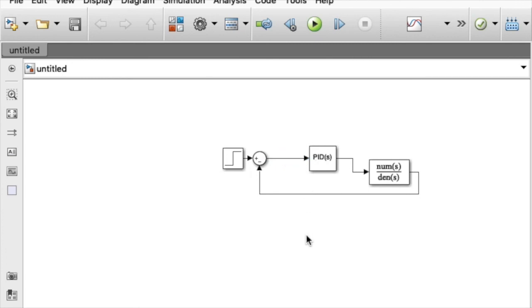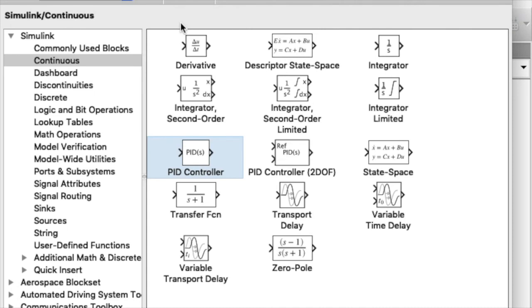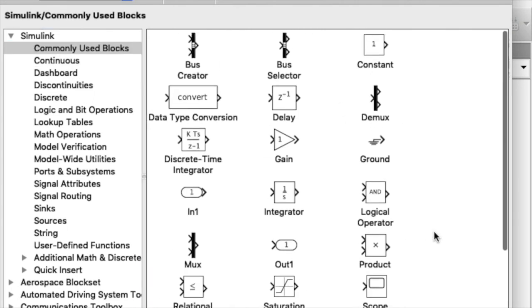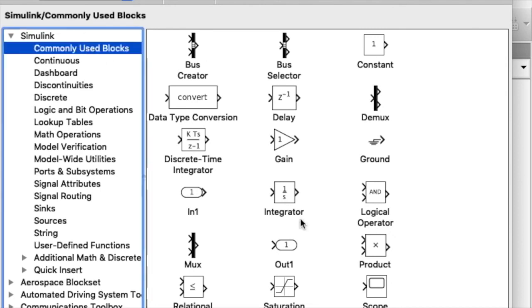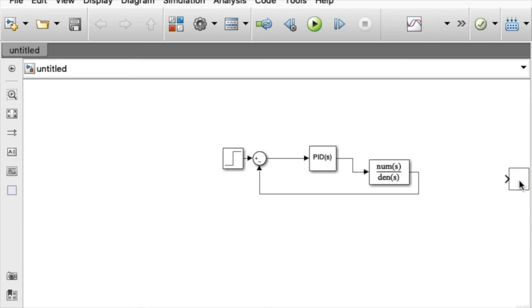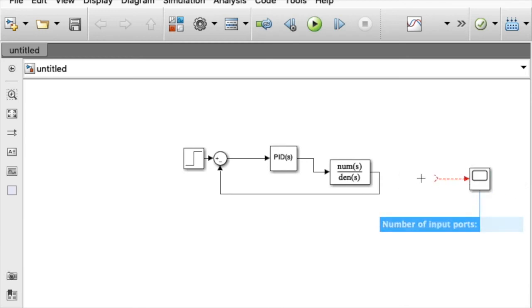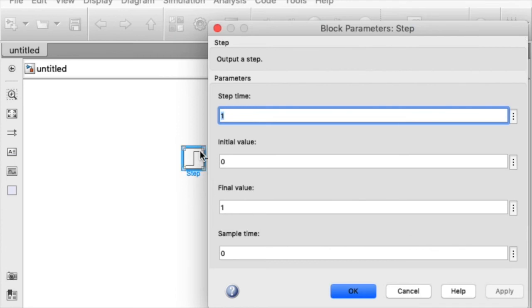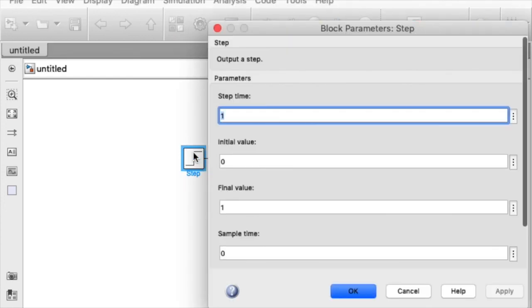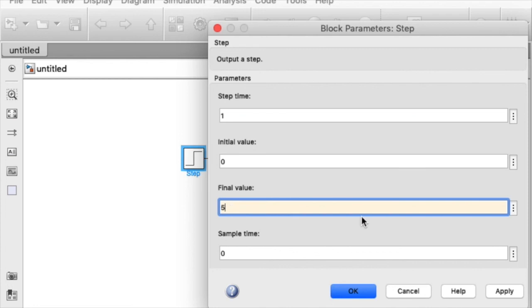Okay. And let's add a scope to see how the response of the y looks. And the step input is step time 1, initial value is 0. Okay. So let's make the final value to be 5, maybe. Apply.